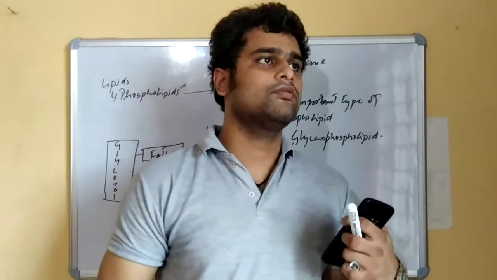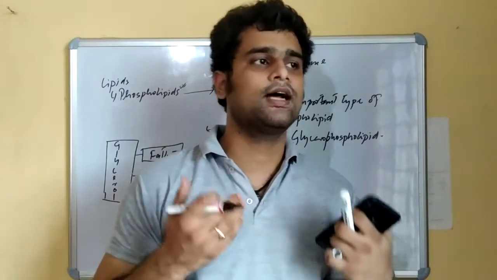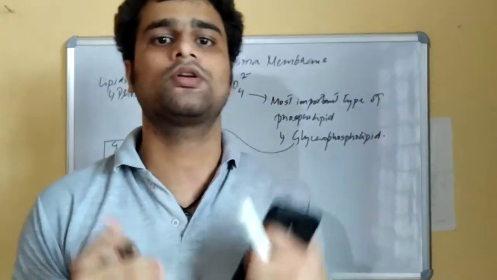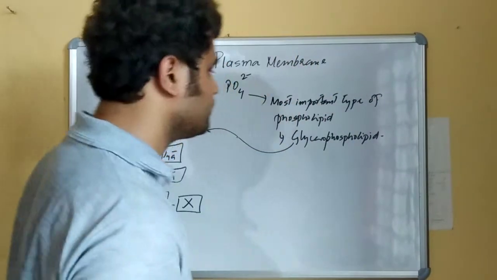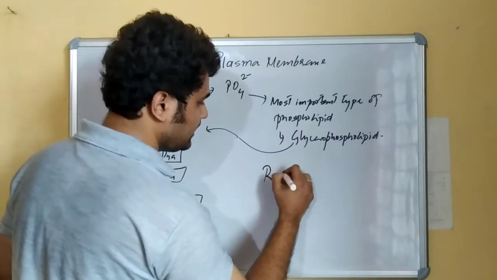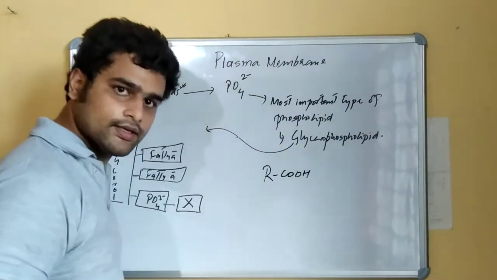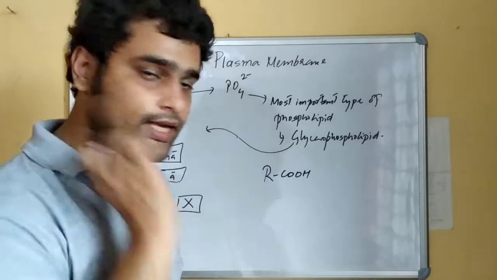Basically, fatty acids are nothing but long chain carboxylic acids. Now, if you remember, what exactly was carboxylic acid? RCOOH, right? That is the general formula of carboxylic acid.